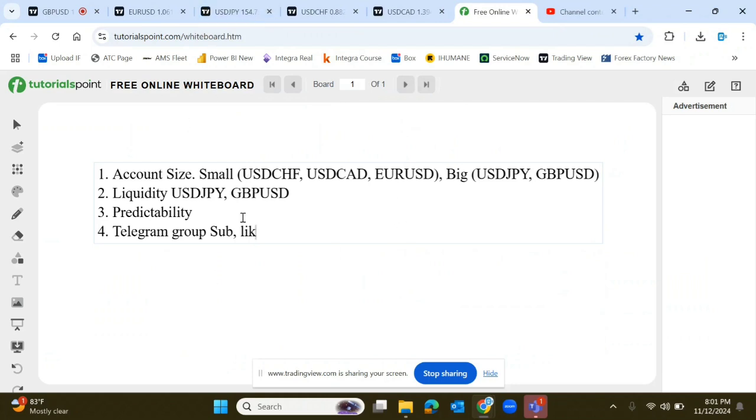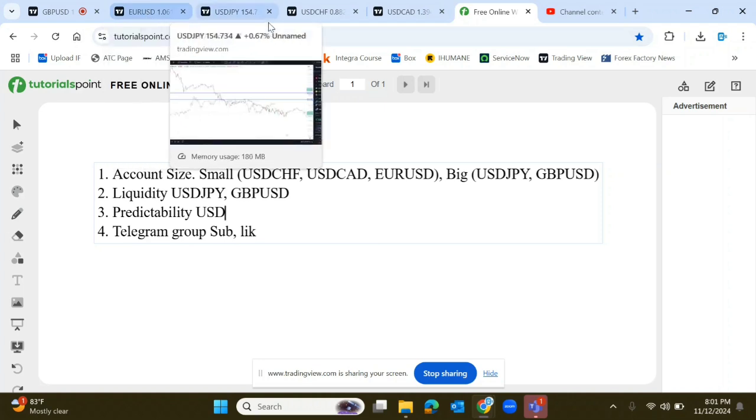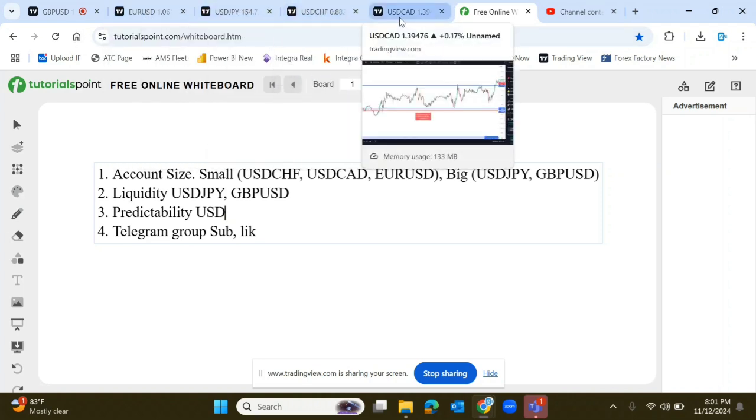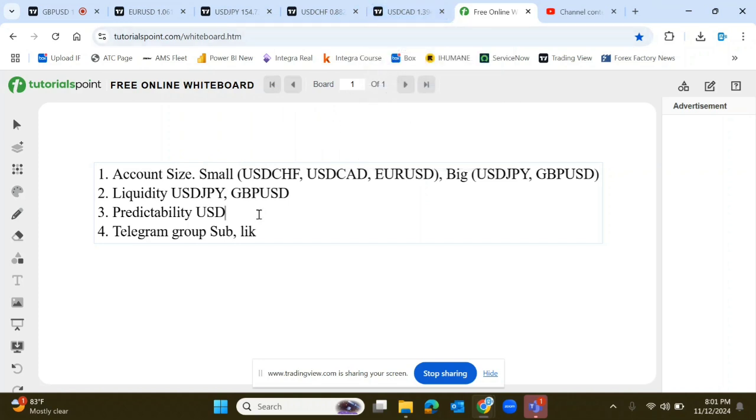So if you want predictability, then you should be going for currency pairs that have USD in the combination. Any currency pair that has USD, let's say GBP/USD, EUR/USD, USD/JPY, USD/CHF, USD/CAD, all the currency pairs that contain USD, are very predictable. Why?